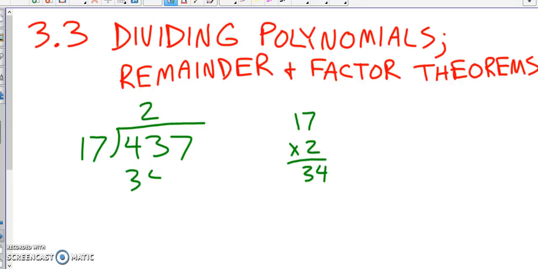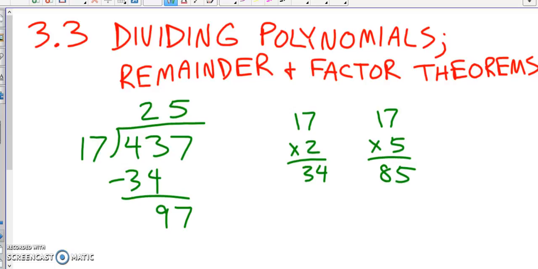So then you put a 34 right here. You subtract. That's 9. You bring down the 7, right? And then 17 goes into 97 5 times. 17 times 5 is 85. And you have a 12.